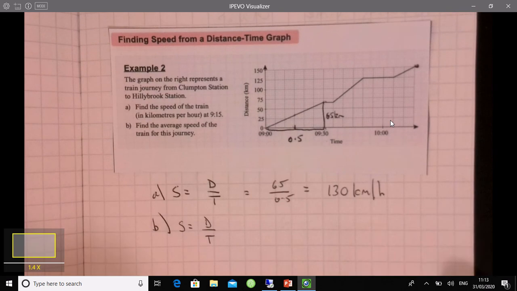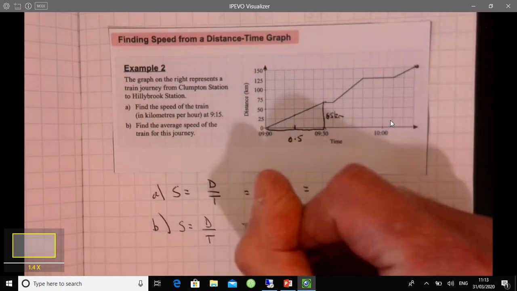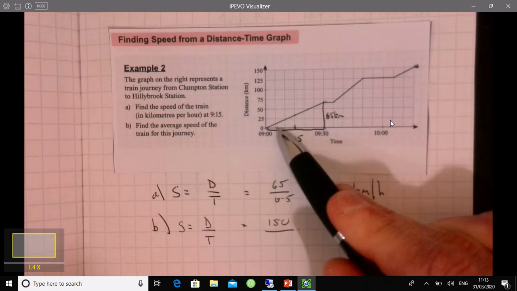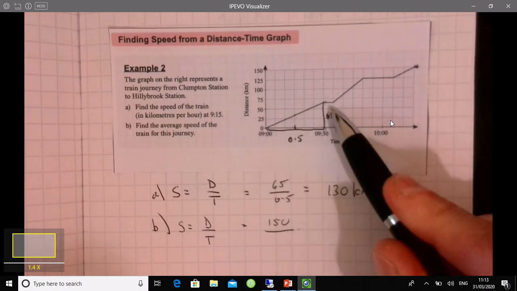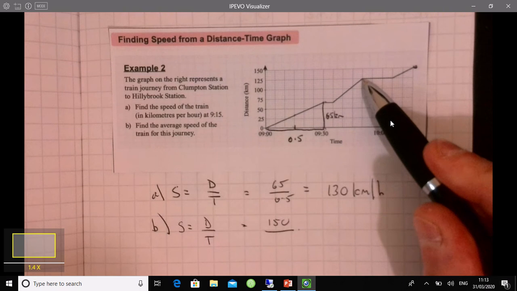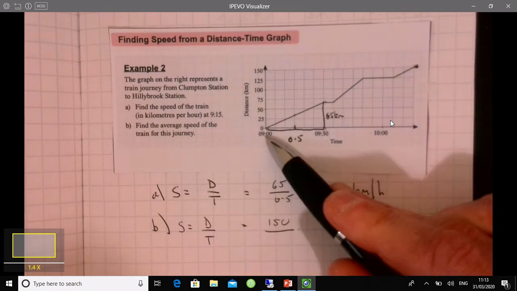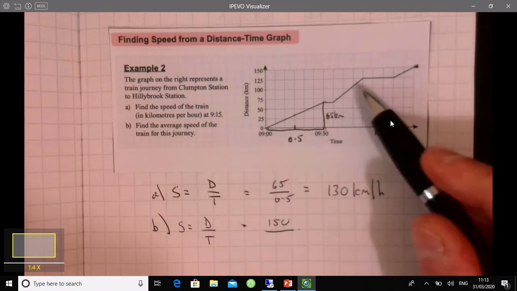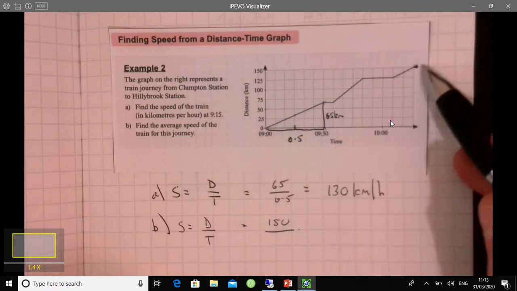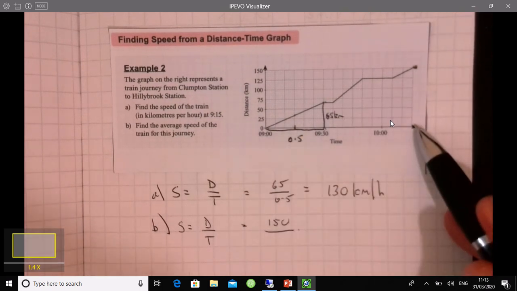Okay, so let's have a little look. So it's 150 was the total distance. I'm looking at the whole thing. Obviously, we've got constant speed here. We stop for a little while. Constant speed here. Stop for a while. Constant speed here. So the average speed of the whole journey, including the stops and the different sections, is going to be total distance divided by the time.